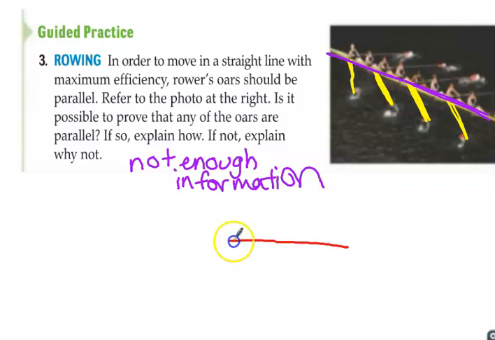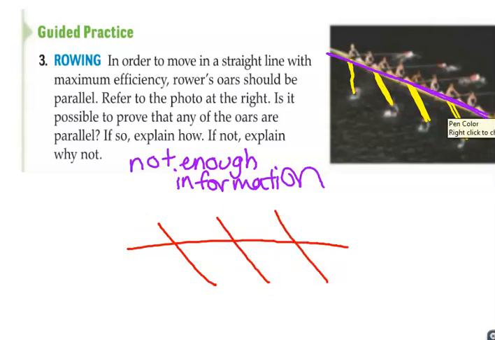All right, so let's pretend that, again, this is the row, and let's say that these are the oars. All right, so what could I prove to make sure that these two are parallel? Okay, so what if I had angle 3 here, and I had angle 5 here? Okay, well, I could prove that those two are vertical, but that's not one of my theorems.